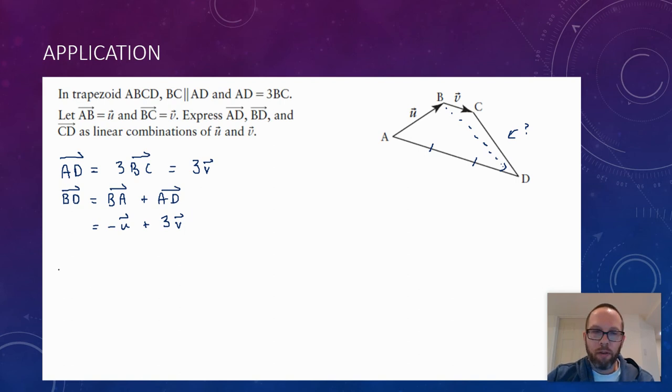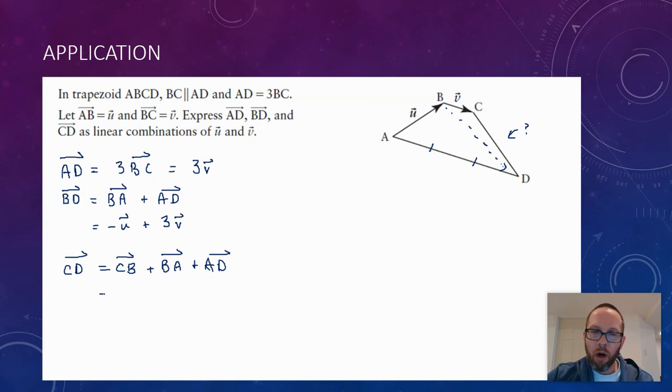And we can do CD as well. So looking at C, how can we go from C to D? Well, it's like going from C to B, B to A to D. So it's CB plus BA plus AD.